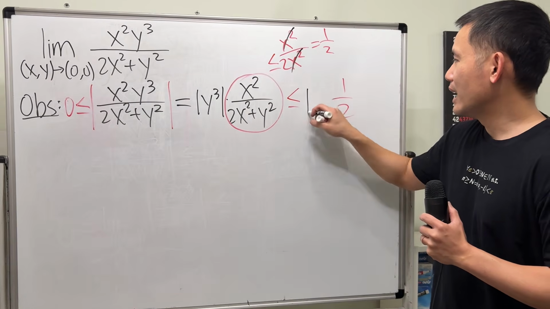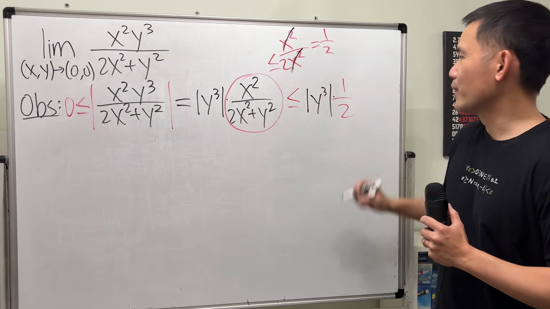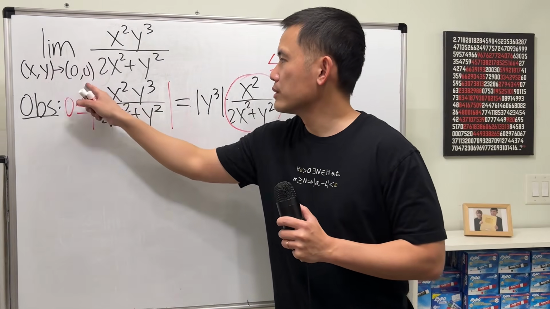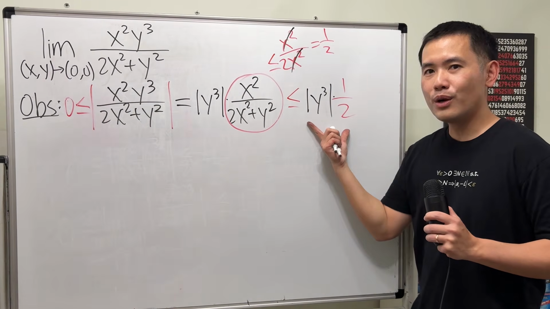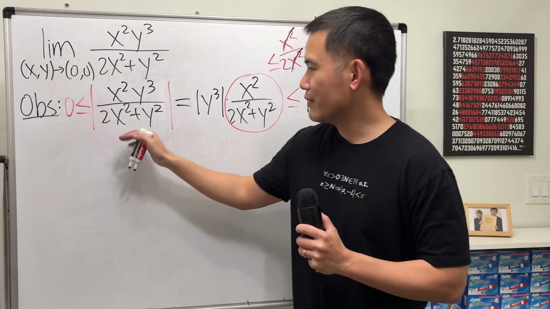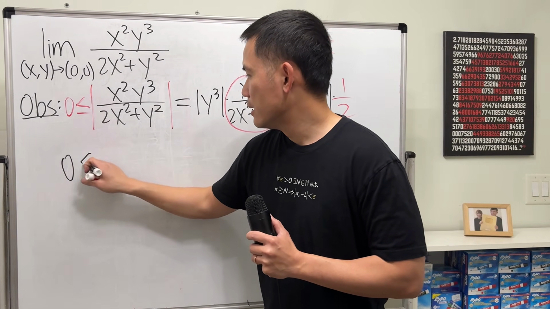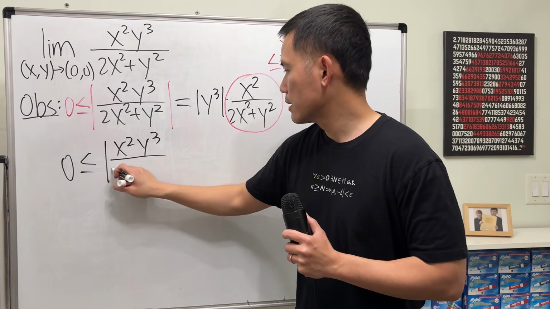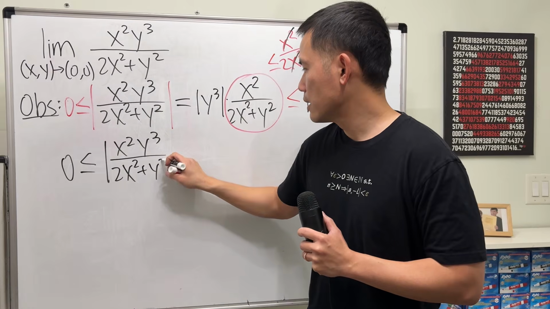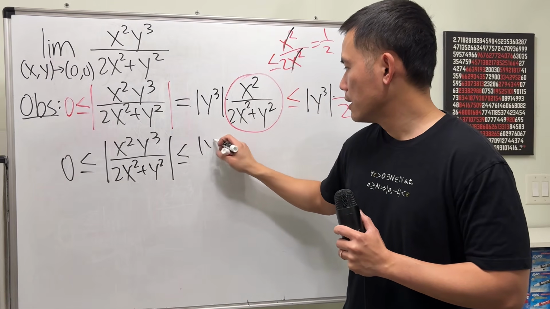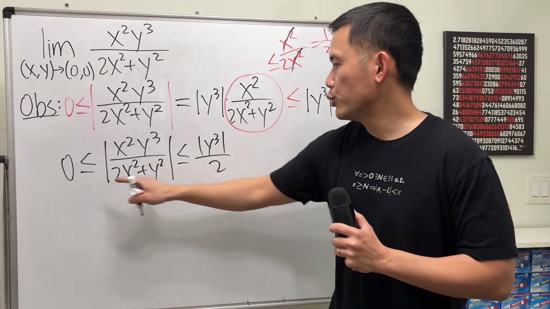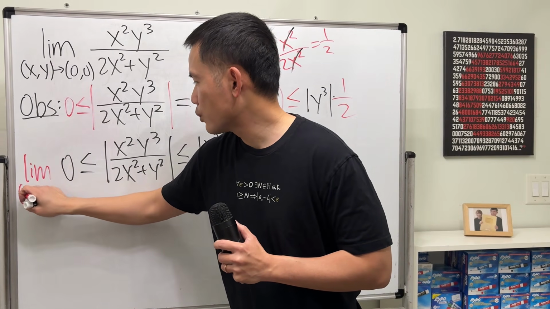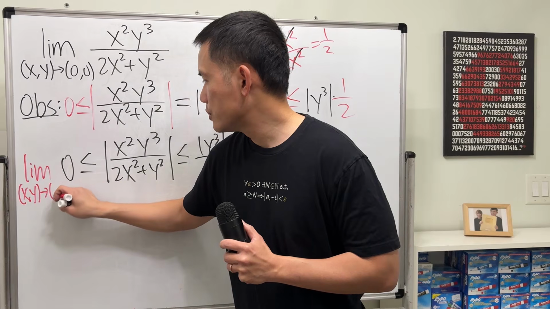And then right here we have y cubed in the absolute value. This is great because as y goes to 0, this will also give you 0. So now, once we have this right here, we can say the absolute value of our function is in between this and that. So we just have to take the limit as (x, y) approaches (0, 0).